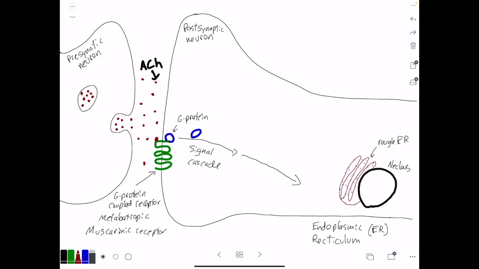And we also have what's known as the smooth ER. So I'm going to just draw this without any of those little blue dots. This can be associated with the rough ER, or it can actually be free in the cytoplasm inside the cell.